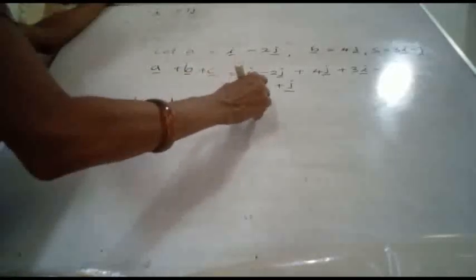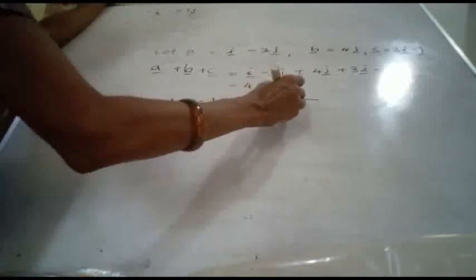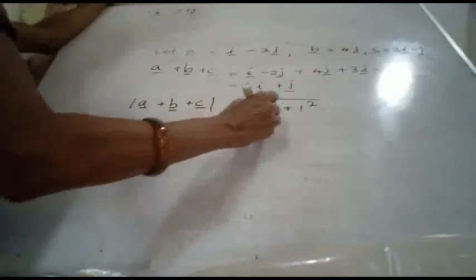The modulus of vector A plus vector B plus vector C is equal to the square root of 4 squared plus 1 squared.